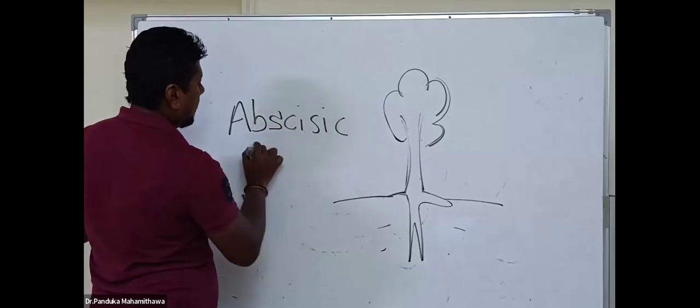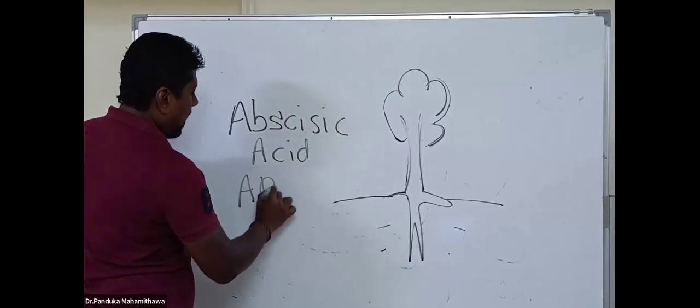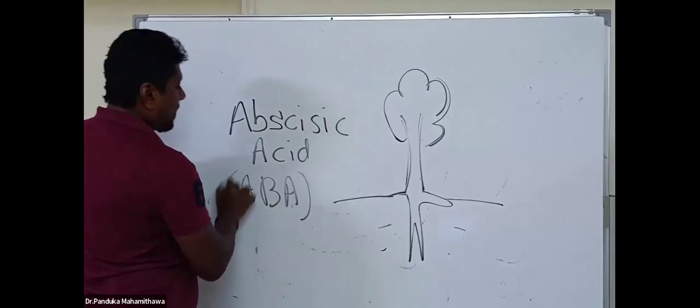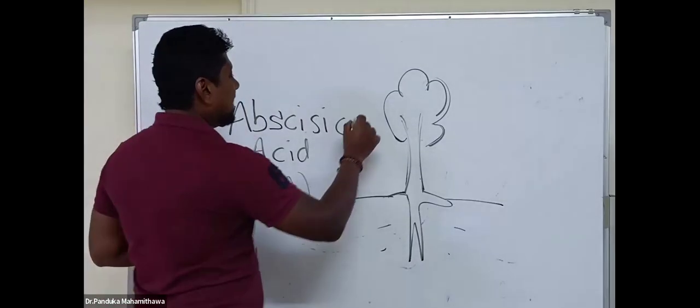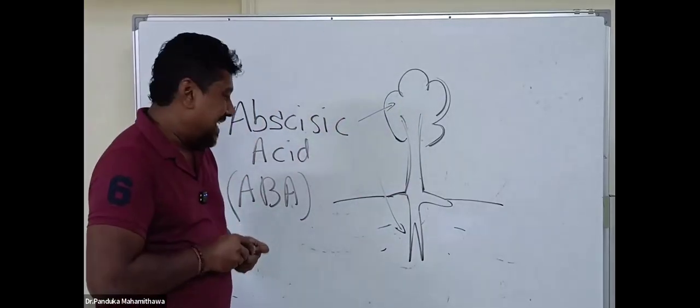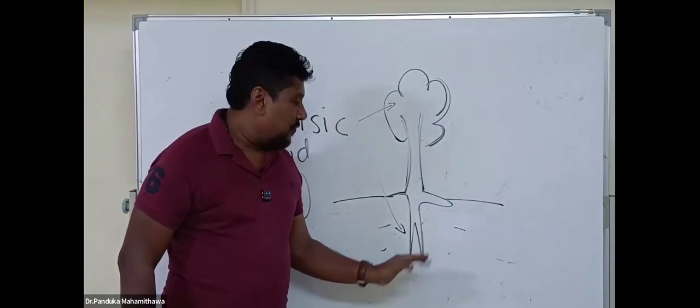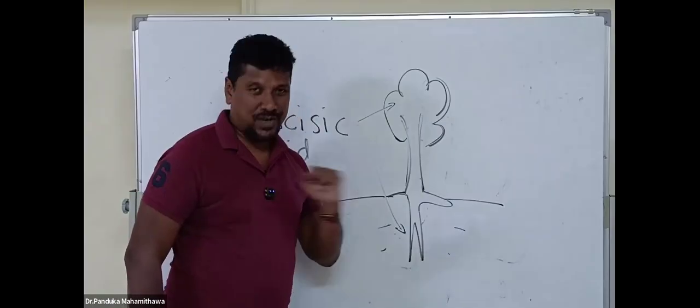Abscisic acid, and you abbreviate it ABA. So abscisic acid is produced in the leaves and the roots. Basically, the roots know whether you have enough water or not in the ground solution.